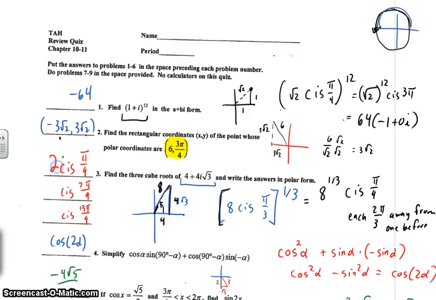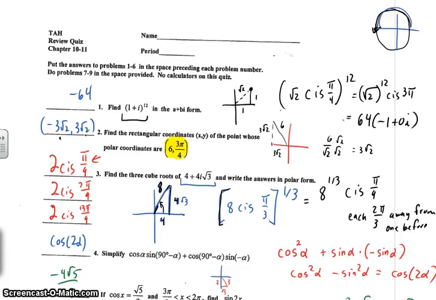So if this is 2 cis pi over 9, the next one's going to be 2 cis, well, I need to do pi over 9 plus 6 pi over 9 to get 7 pi over 9. If I add 6 pi over 9 to 7 pi over 9, I get 13 pi over 9. That's the third answer. If I add 2 pi over 3 to that, I get 19 pi over 9, which is 2 1/9 pi, which gives us the same value for sine and cosine as the first answer. And so here I've got my answer.